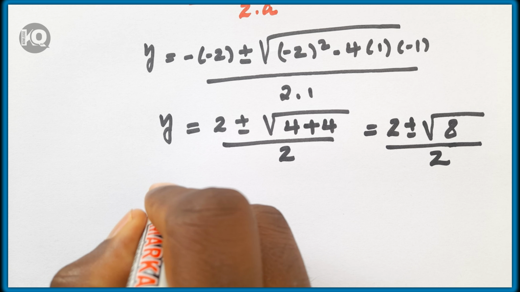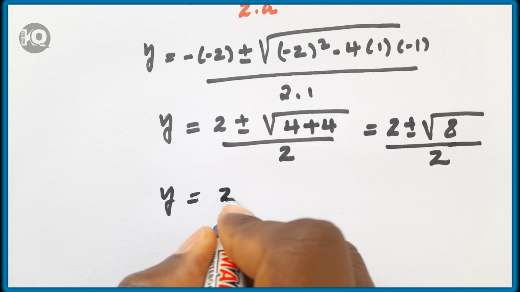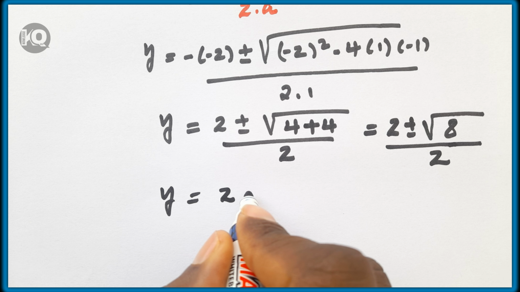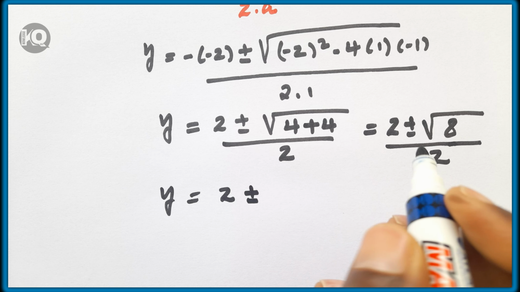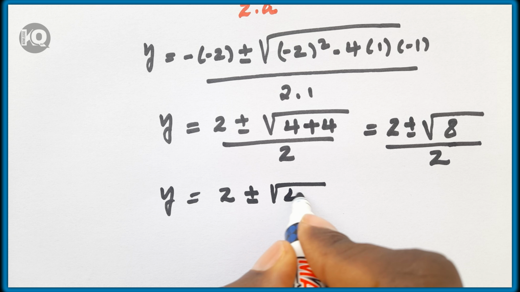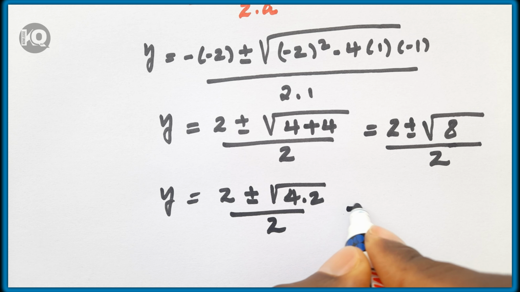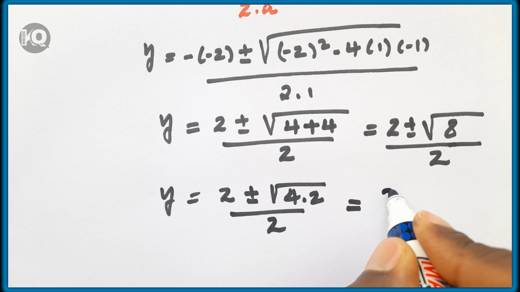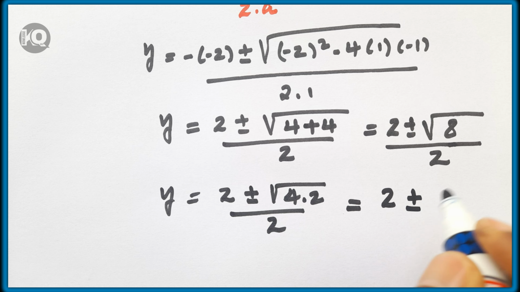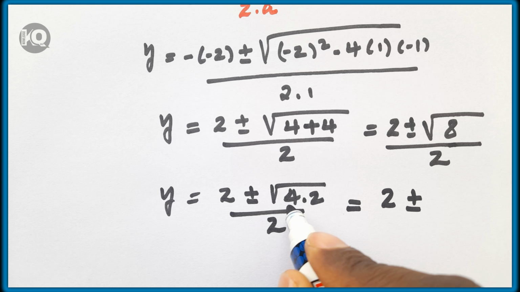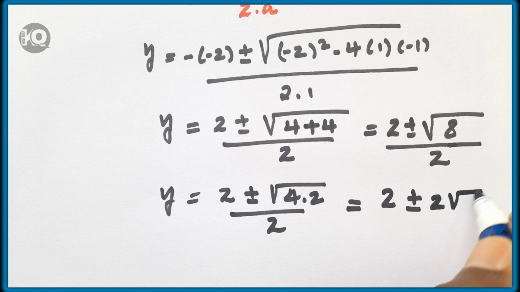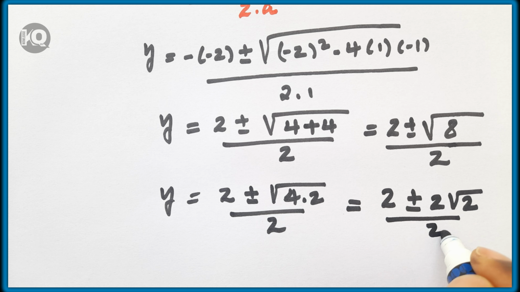So finally y is equal to 2 plus or minus, this 8 can be written as the product of 4 times 2, divided by 2. So it will be 2 plus or minus, this root 4 will be 2, so 2 root 2, divided by 2.